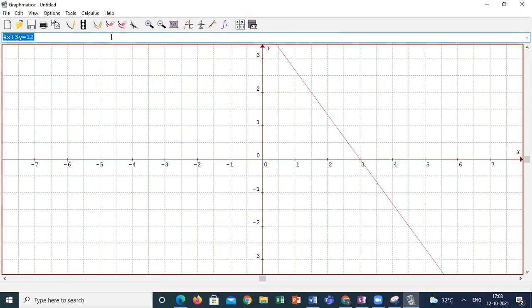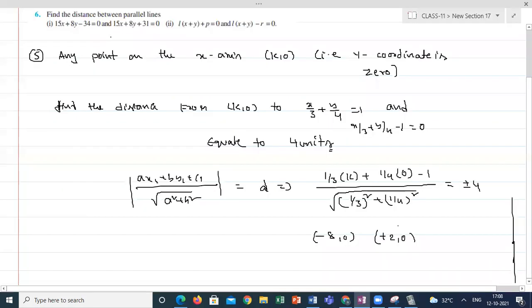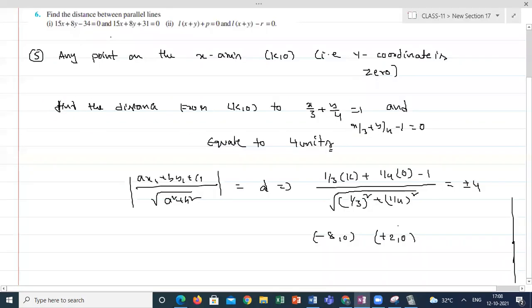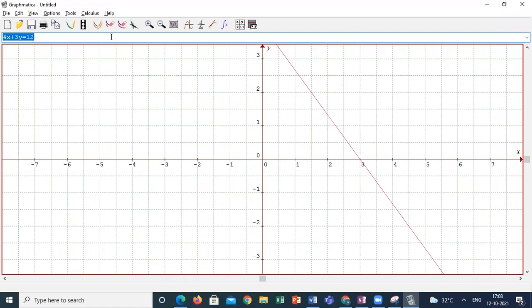So what are the solutions we got, students? (-8, 0) and (2, 0).